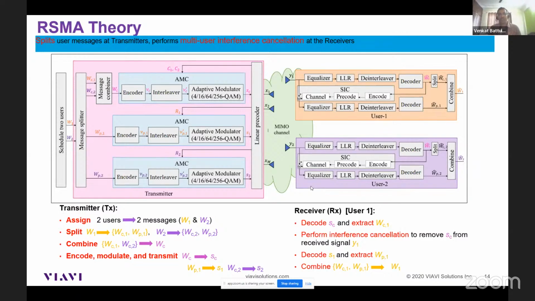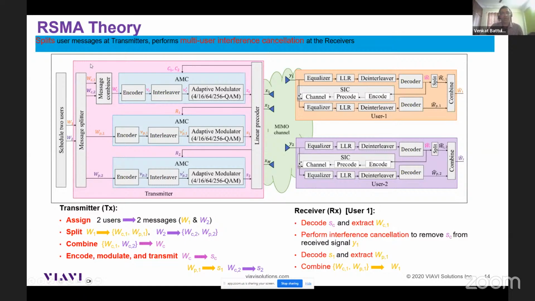So now we have RSMA, which is like a middle ground. I'll quickly go through it. I think we are running out of time. So we have two users. I have taken this example, which are trying to transmit data over the wireless communication protocol. Here, the two user signals are split into two parts.